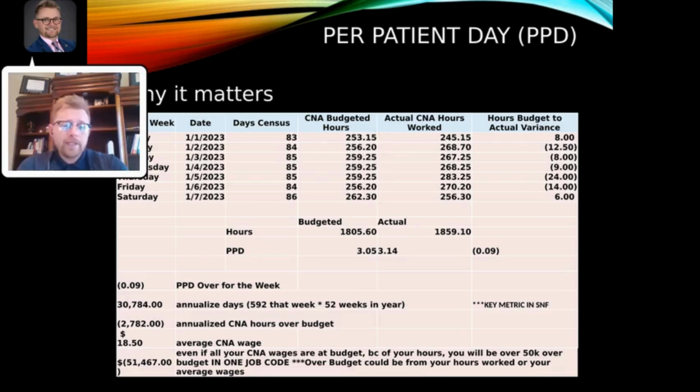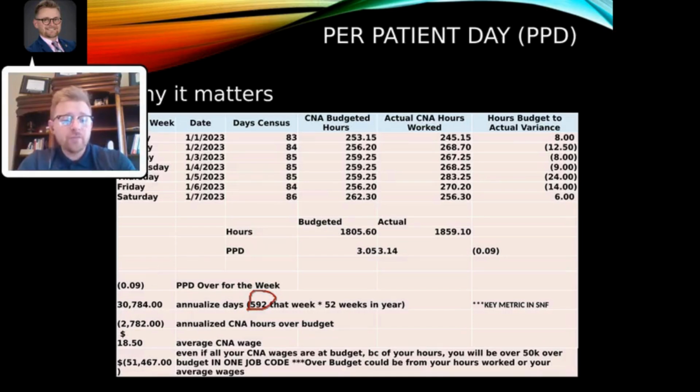In this 1 week, we only ran 0.09 off of budget. 0.09 seems like a very small number. So our PPD was over 0.09 for that 1 week. But let's annualize our patient days and see what impact that could have. Okay? So if for 1 week we ran 592 patient days, let's annualize that out.